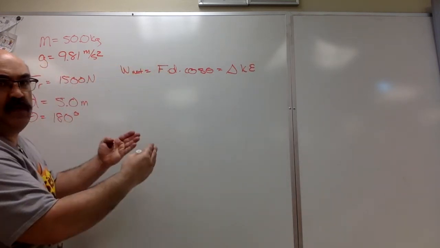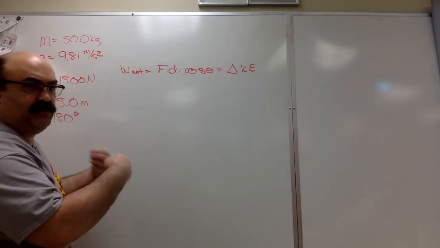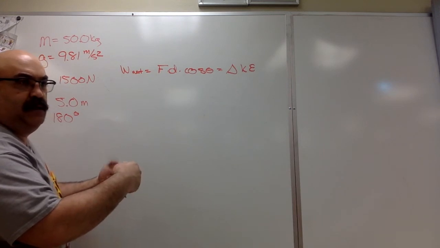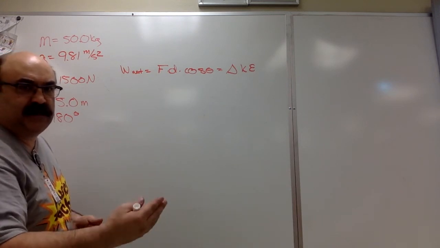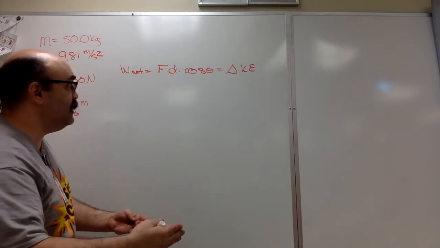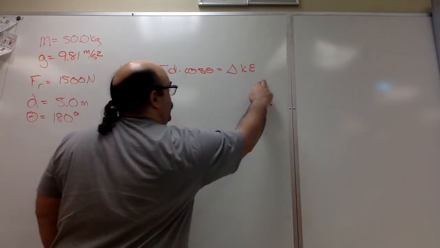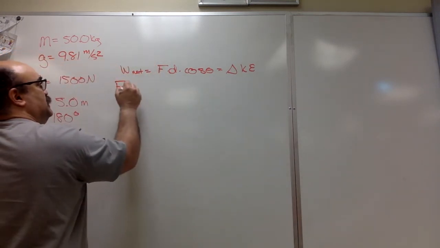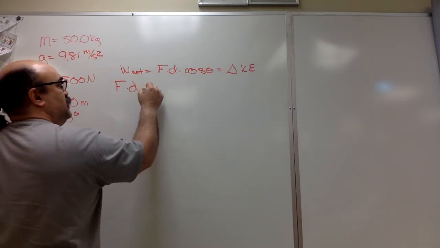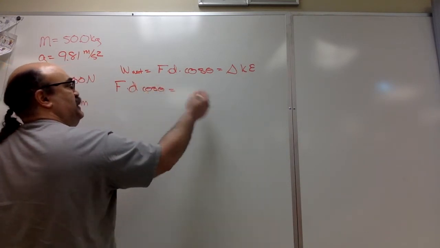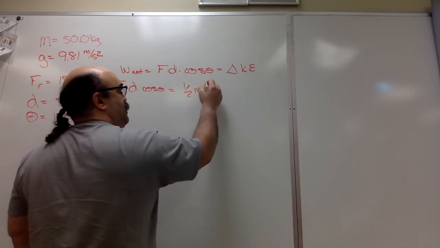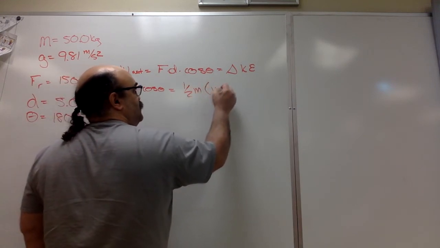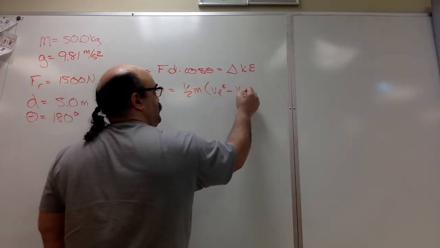Well, when the diver hits the water, they have some initial velocity. But their final velocity in this case, because they stop, is going to be 0. So we have the force times the distance times the cosine of the angle between must be equal to 1/2 m times v sub f squared minus v sub i squared.